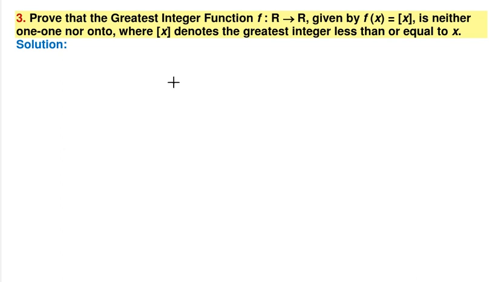So we can show the violation if we take, let, f of 1.1 and 1.2, we can take it the other way.